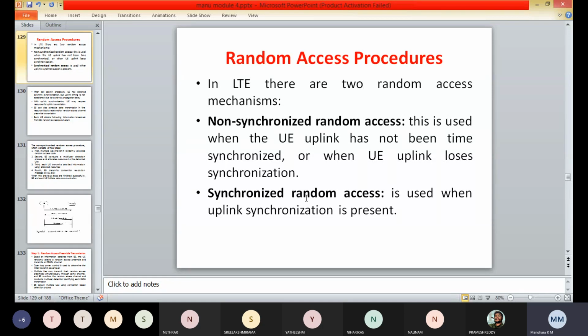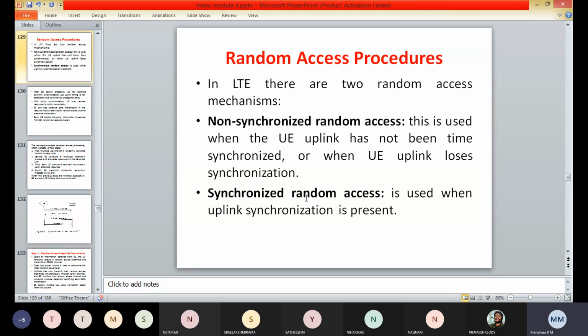Its main purpose is to obtain the synchronization of the uplink, and to notify the eNode B that the user equipment has data to transmit, or to transmit a small amount of control information and data.